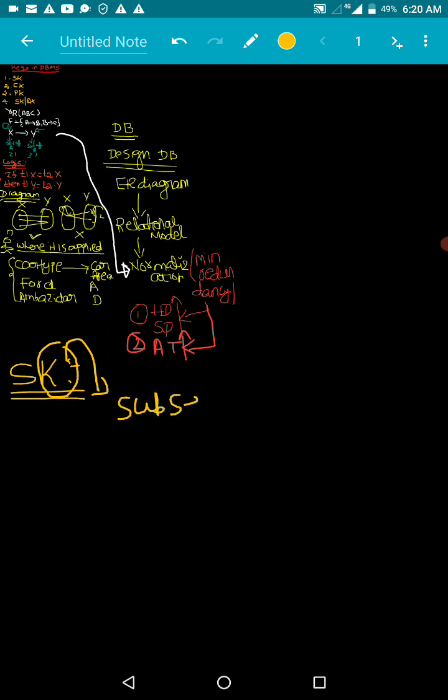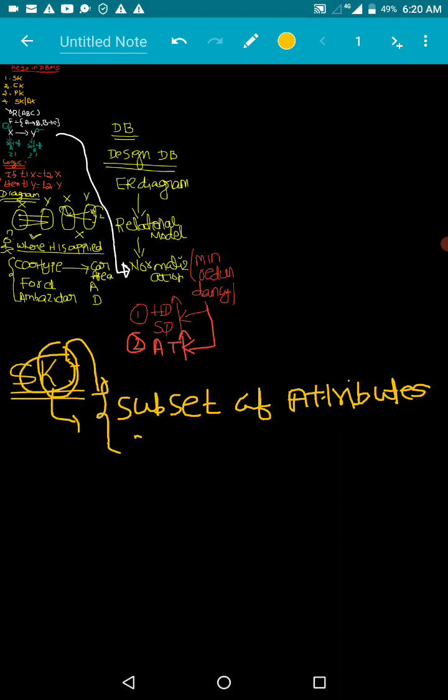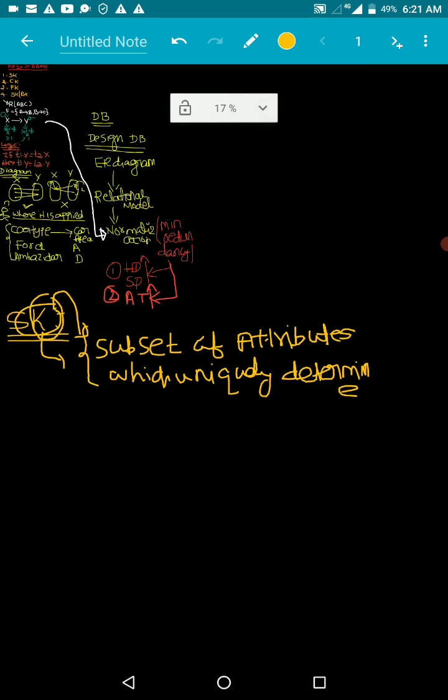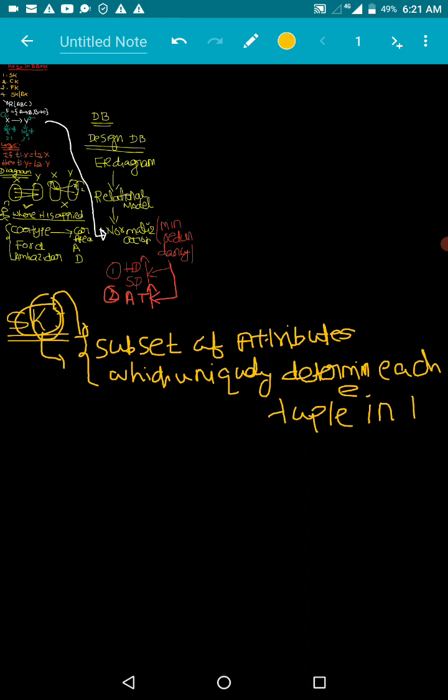So a super key is nothing but a subset of attributes which uniquely determines each tuple in a relation.